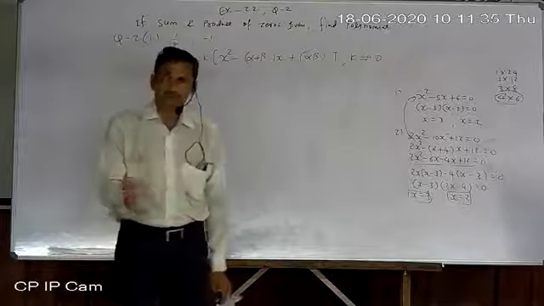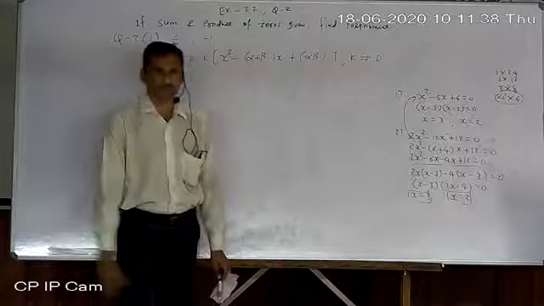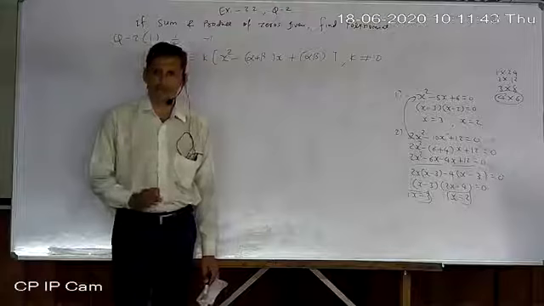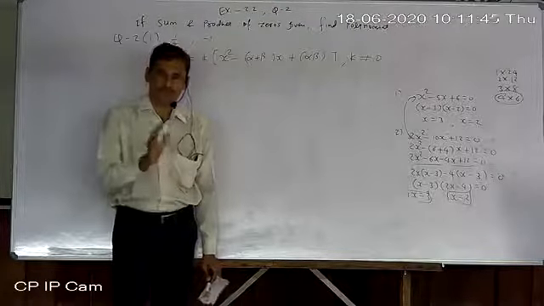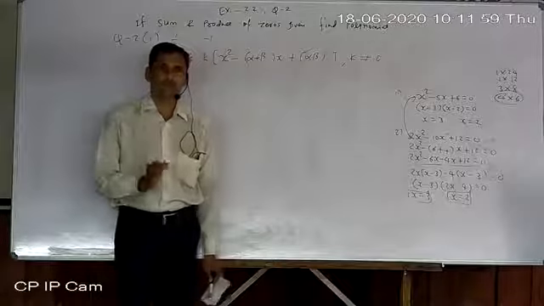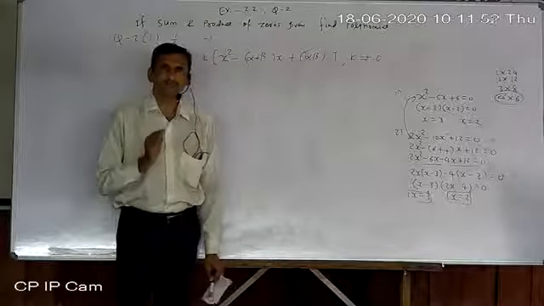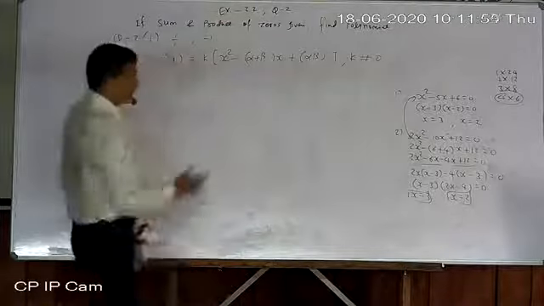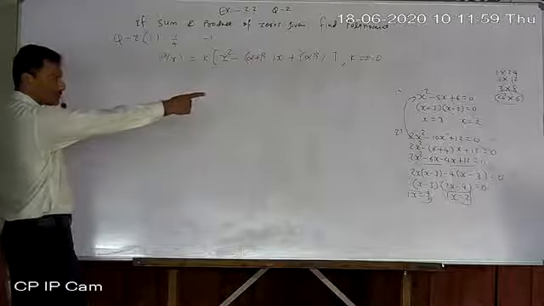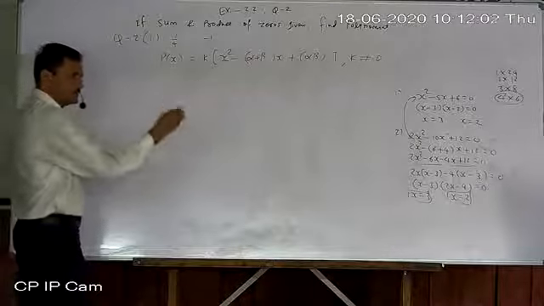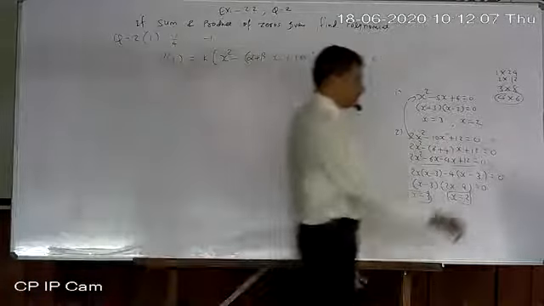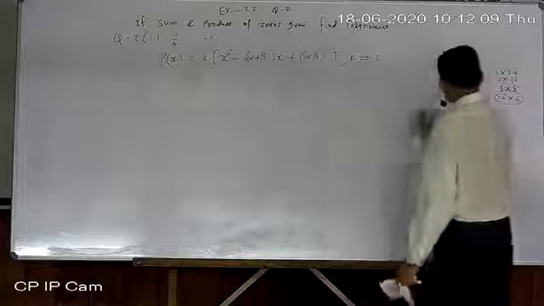Instead of an integer, it may be a fraction also. So k is any number. I just said positive integer for our understanding and convenience, but k may be any number except 0. You can try yourself also. If you make that equation 5 times, 10 times, 7.5 times, whatever, the answer will always be 3 and 2. So this is the meaning behind that.